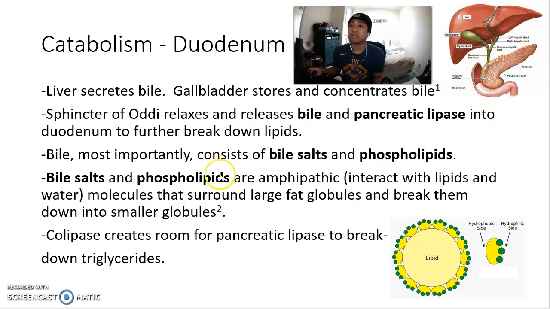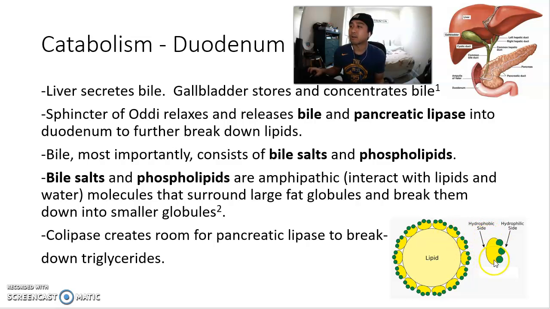Now, bile is extremely important in the breakdown of fat because the components of bile, bile salts and phospholipids, have a quality called amphipathy, or they are amphipathic, which means they have the special ability to interact with both lipids and water. They're both hydrophobic and hydrophilic.